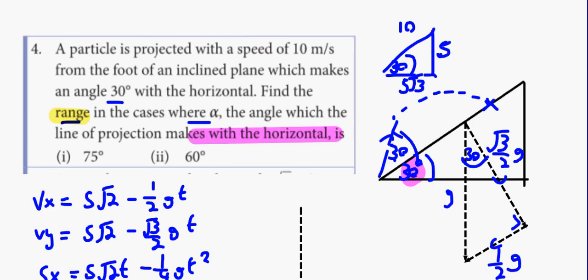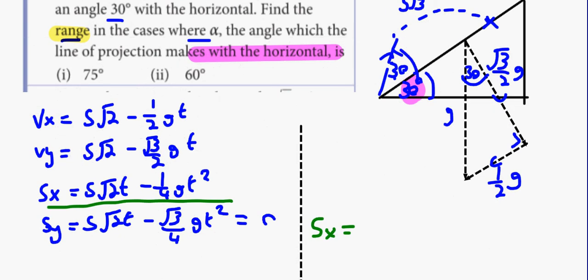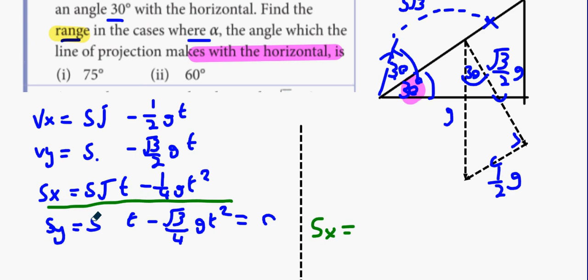So if we want to make this really lazy here, I can just go back here and change that into 5 root 3, change that into 5. That's 5 root 3. That changes to 5. Oh, I'll do that while I'm at it. Alright, so you're now 5 root 3, you're now 5, you're 5 root 3, and you are 5.